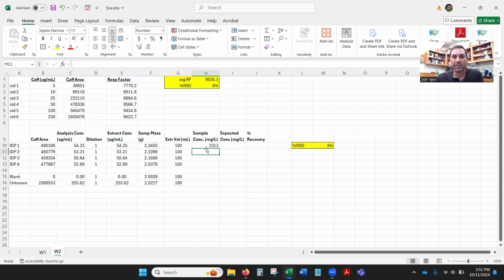I hit enter, and that's now the sample concentration. The previous unit is incorrect now; it's in micrograms per gram, because I have the micrograms of caffeine still on top, but I replaced the milliliters of solution on the bottom with grams of sample. Now it's micrograms per gram, which is parts per million, mass over mass.